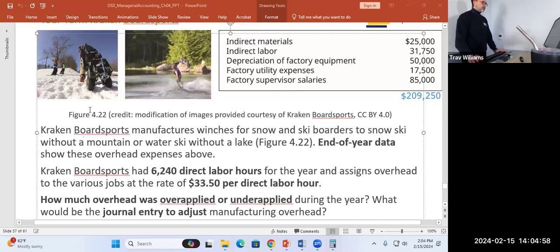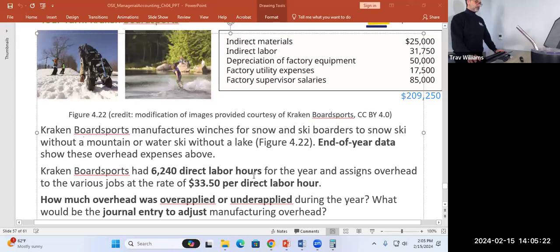Let's see what's going on here. They make winches for snow and ski boarders to snow ski. I'm not really sure what that means, but that's all right. So at the end of the year, we show these expenses above, and these are actual overhead expenses. They had 6,240 direct labor hours.